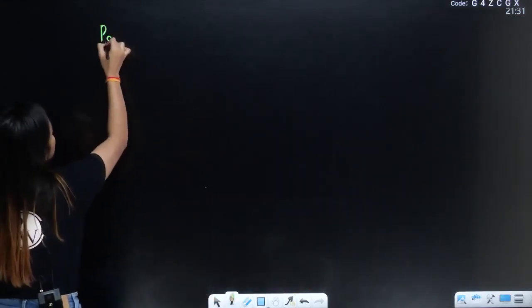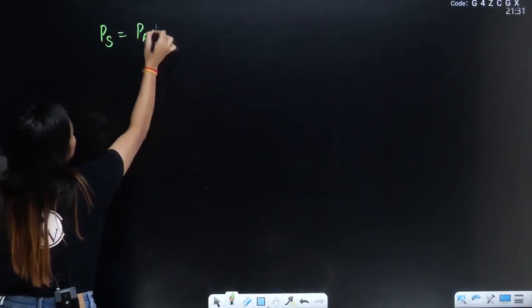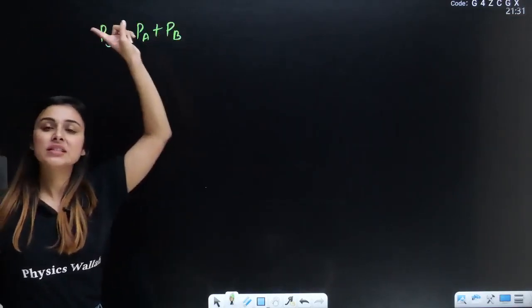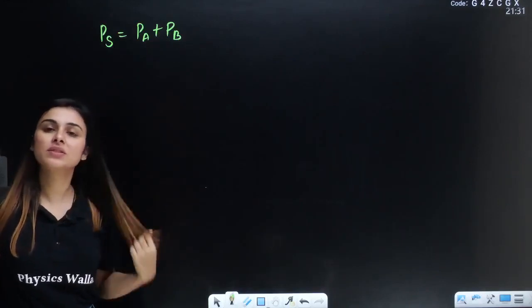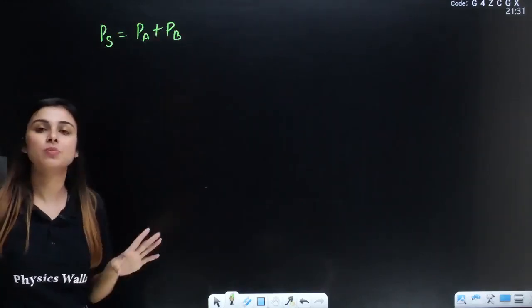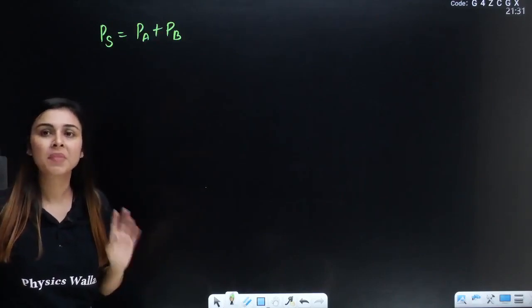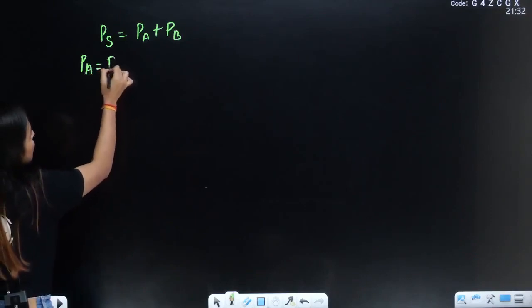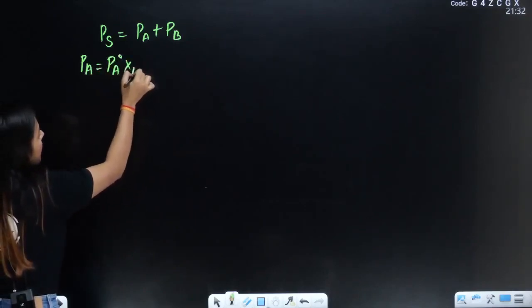law, we know that PS is equal to PA plus PB, right? From the initial start, we know that the pressure of the solution is always equal to the partial pressure of the first component plus the partial pressure of the second component. And I also just calculated that PA is equal to PA naught XA.